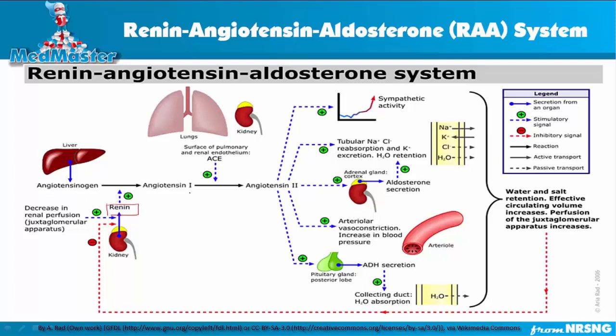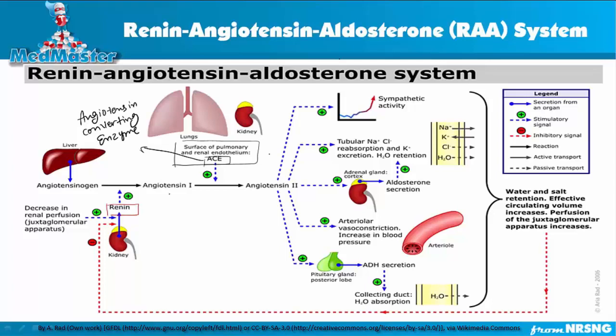Now when the angiotensin 1 goes to the lungs through the bloodstream, the enzyme here, called ACE, in the lungs is going to convert this angiotensin 1 into angiotensin 2. This is the enzyme which is really important to remember. This is going to help you with the ACE inhibitor. It's called angiotensin converting enzyme, which is present in the lung.